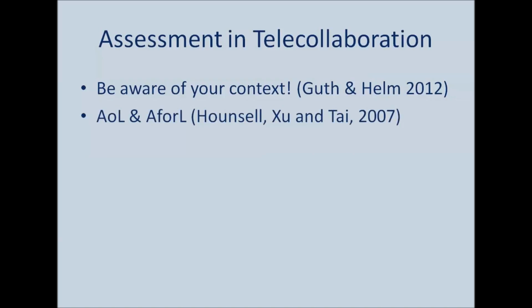Now, again, traditionally, educational institutions have opted for mainly summative assessment or assessment of learning. For example, Hounsell, Xu, and Tai, in their work in 2007, talk about assessment of learning as opposed to assessment for learning.